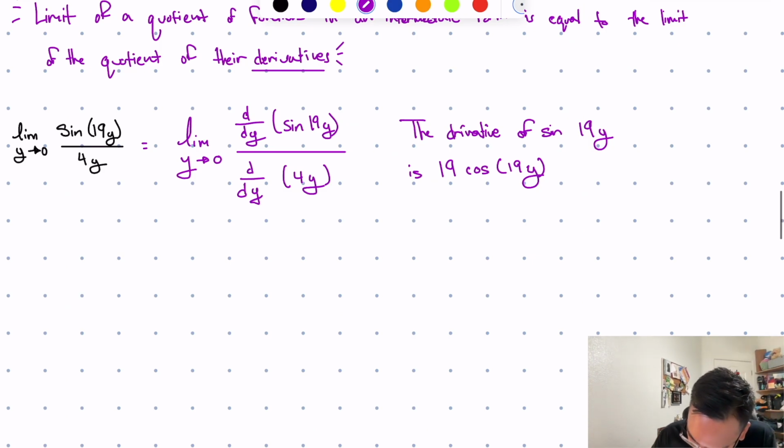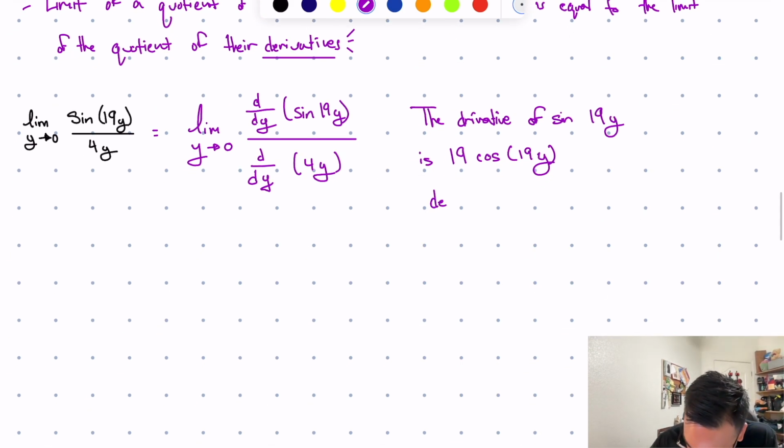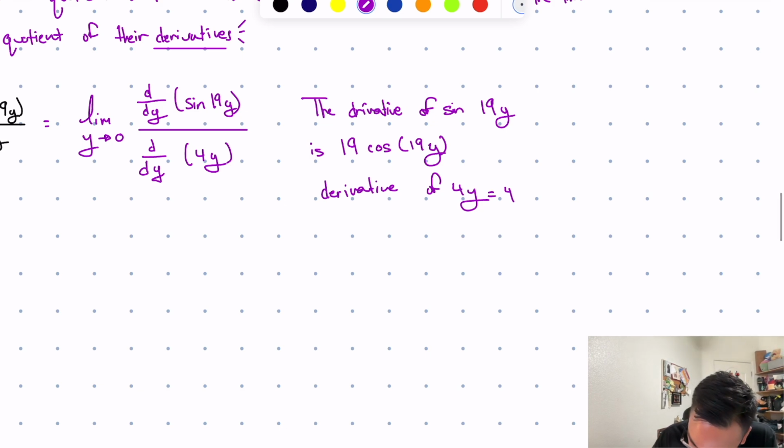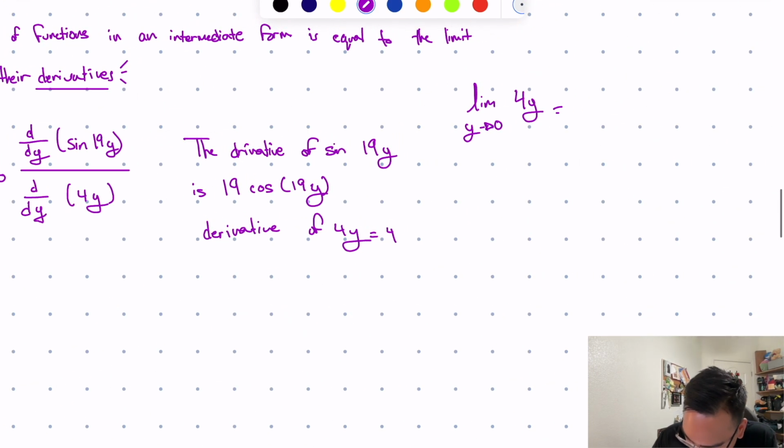So you can see that there is a pattern. And the derivative of 4y is equal to 4. So the way it works is if there's a limit, y approaches 0 for y, the derivative is just 4.